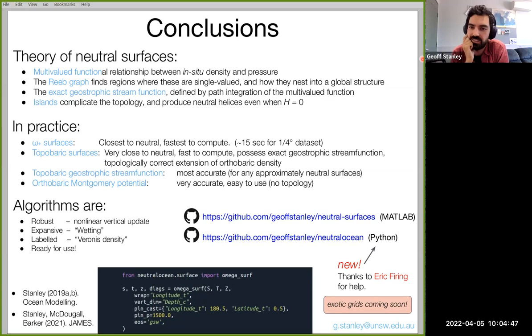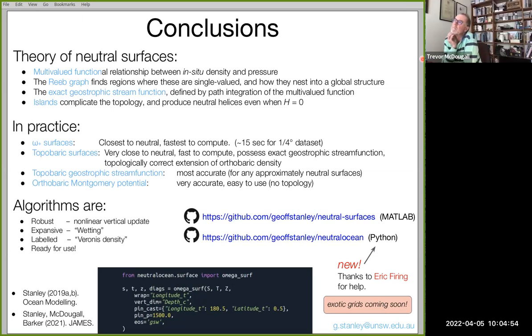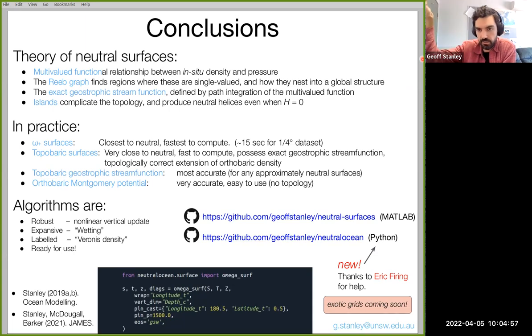Yeah, so I guess what you're saying is it is different. If you have a Z-level model and you rotate your diffusion tensor to be along the neutral tangent plane, you'll eventually get a tracer, say anthropogenic carbon that you inject at the surface, that will eventually make its way down everywhere, even to the bottom of the ocean. Whereas if you're running a layered model with potential density surfaces as the coordinates, and you turn off the diapycnal diffusivity, so it's really like immiscible layers, you put in some anthropogenic tracer at the surface, well, only the layers that outcrop at the surface will take up that tracer.